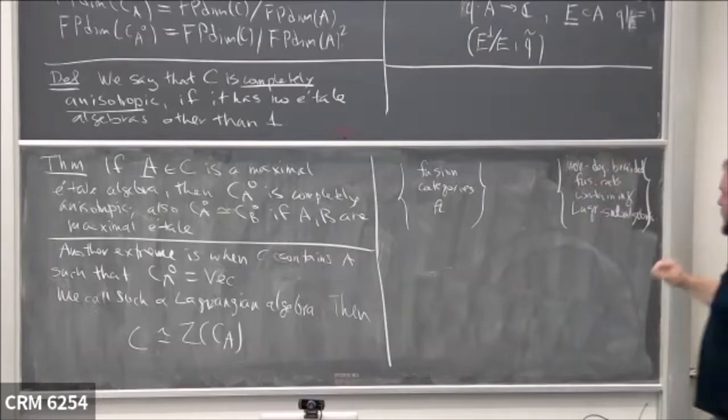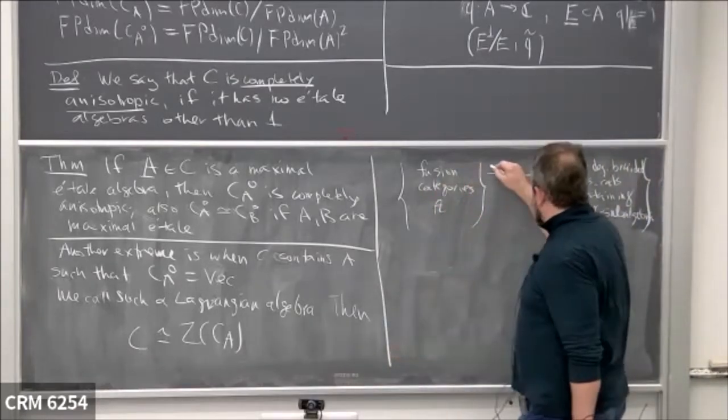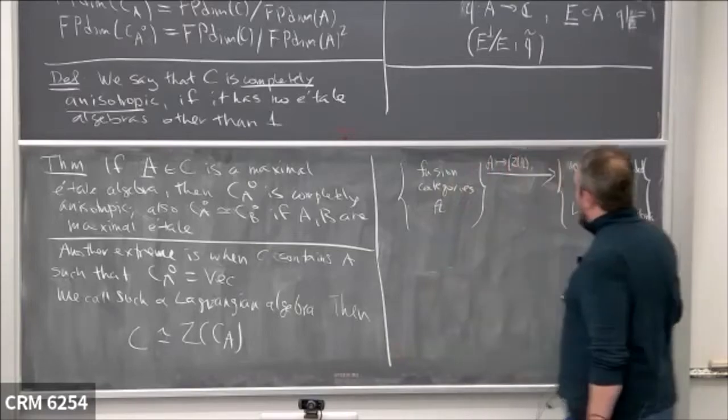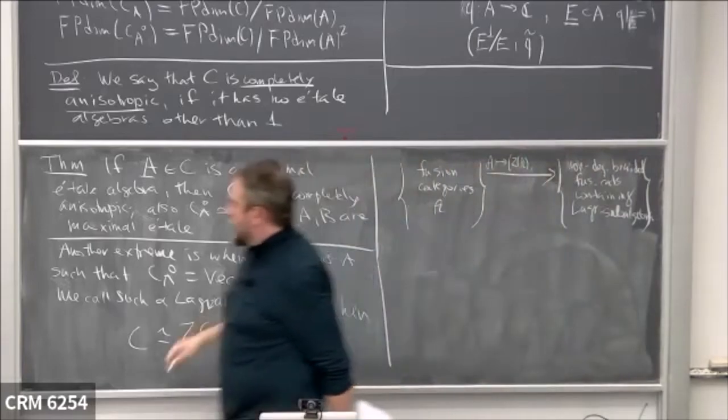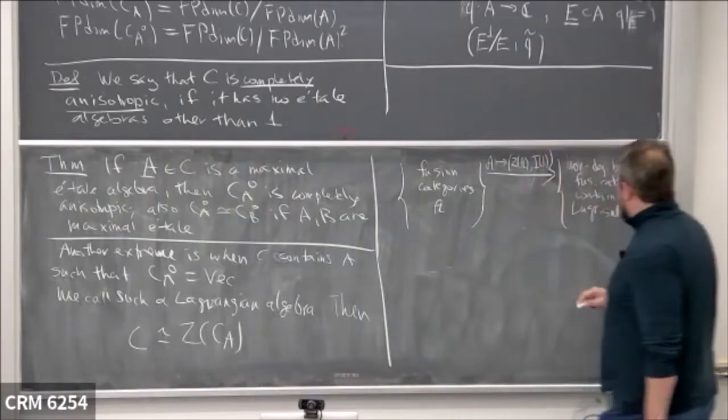So there is a passage in both directions. Namely, in this direction, you start with A and you produce the center of A, and the center of A does contain a canonical subalgebra, which is obtained by induction of this Lagrangian algebra.